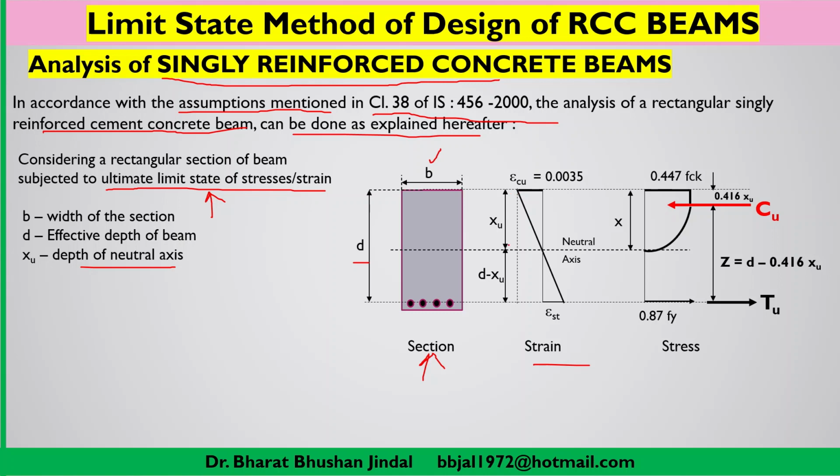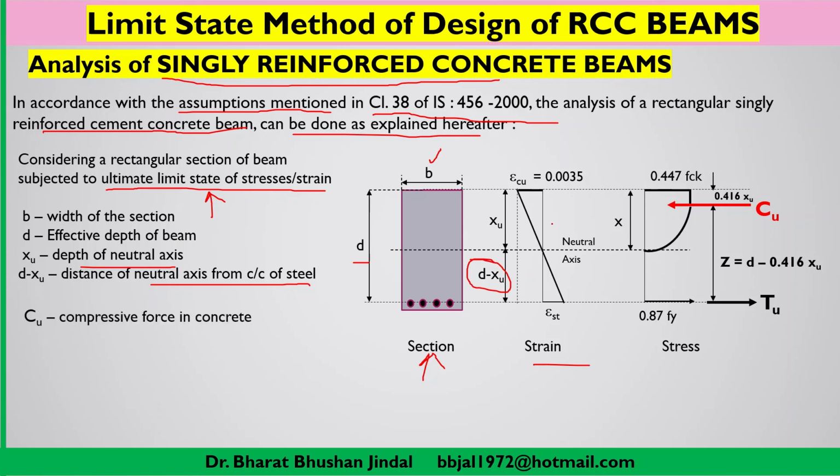So xu is the depth of the neutral axis, and d minus xu is the distance from the neutral axis to the centroid of the steel.